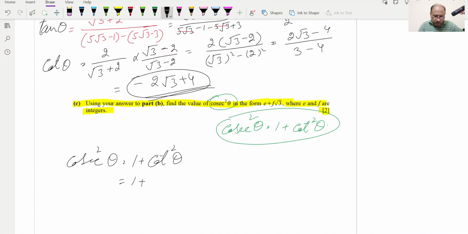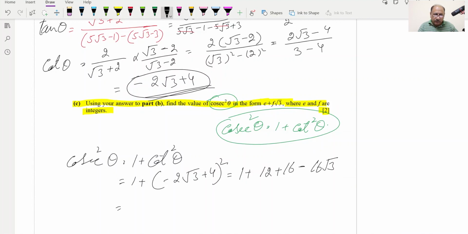This will be minus 2 root 3 plus 4, and this will be squared, and this is equal to 1 plus a square, which will be, we can write it as 2 square will be 4, 4 into 3 will be 12, so it will be 12 plus this will be 4 square will be 16, and minus 2ab, so 2 into 4 will be 8, 8 into 2 will be 16, so 16 root 3.